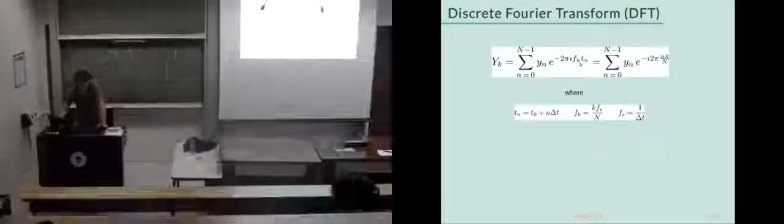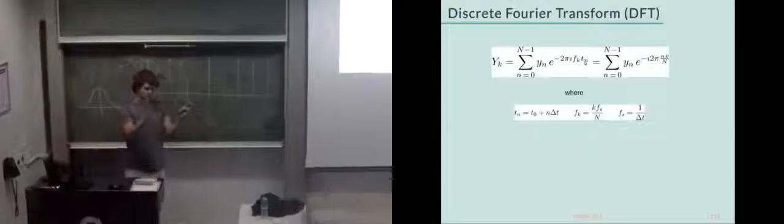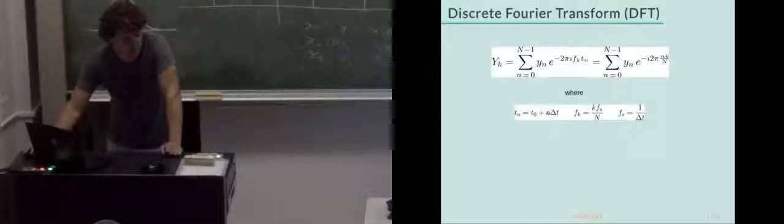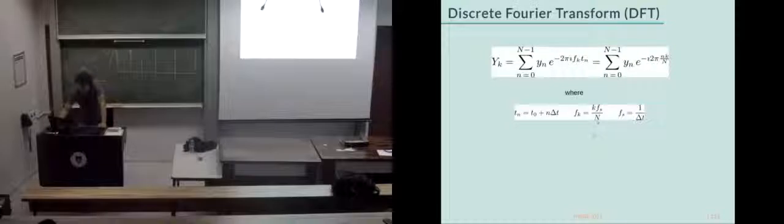In this one here, you don't actually need to have fk and tn sampled at equally spaced intervals. This is quite general. For any fk, any tn, you can compute this. If you sample at equally spaced intervals, so if you define tn, like I did right at the beginning, and fk in this way, then you can write the discrete Fourier transform purely in terms of the indices n and k.